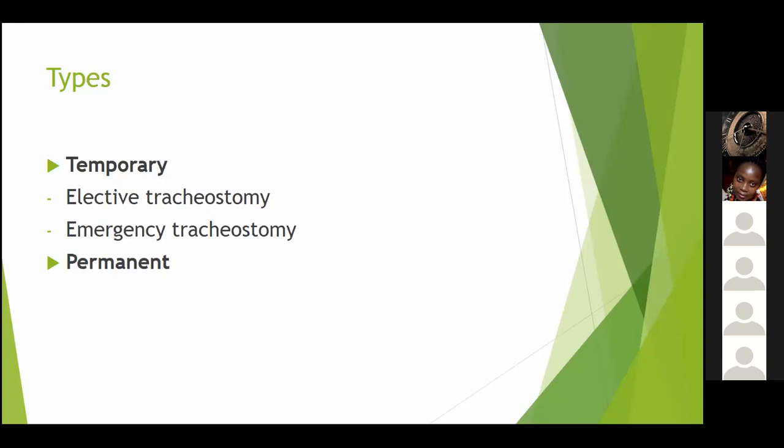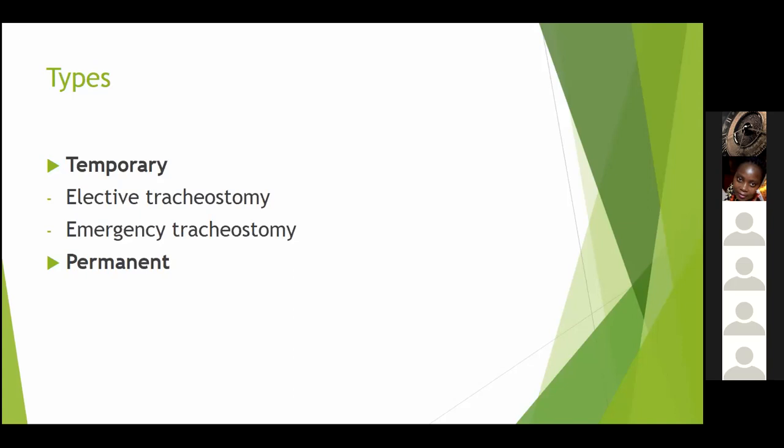For the temporary one, depending on the indication, you have hope that in the future, when you have sorted out whatever issue the patient has or the indication for the tracheostomy, they can actually use their larynx later on. So that would be a temporary tracheostomy. And the temporary tracheostomy is further subdivided into elective or emergency tracheostomy.